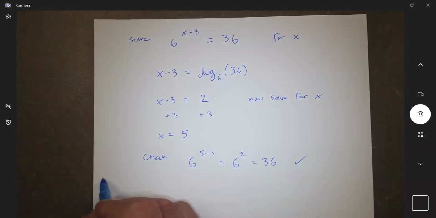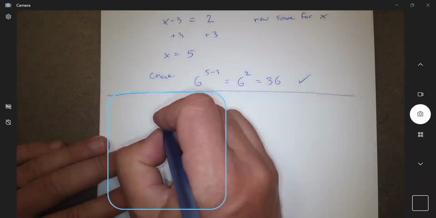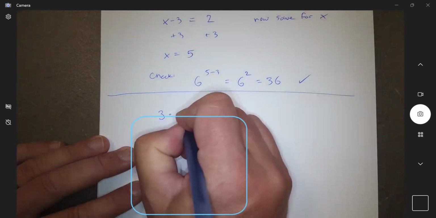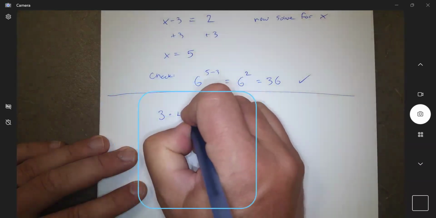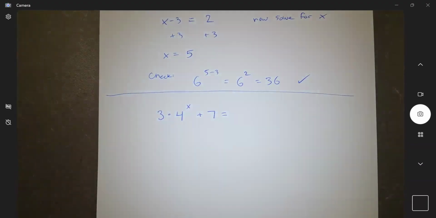All right, last example. Let's do 3 times 4 to the x plus 7 equals 761.